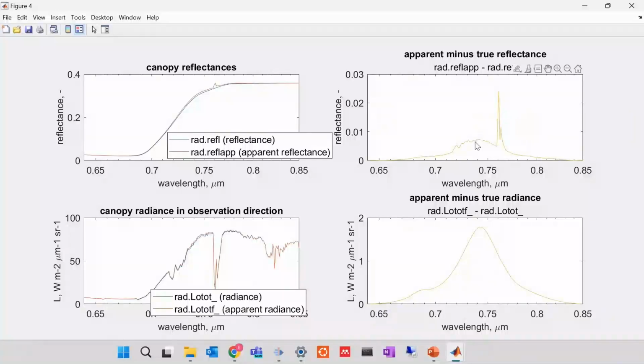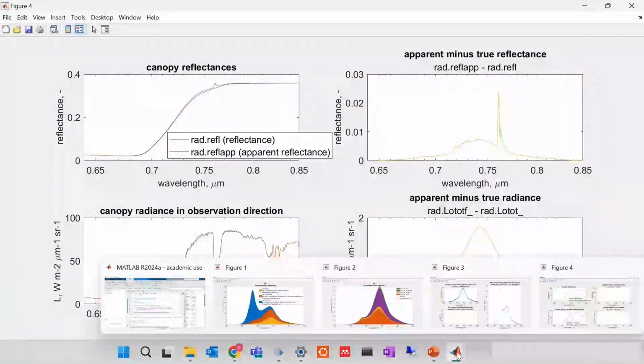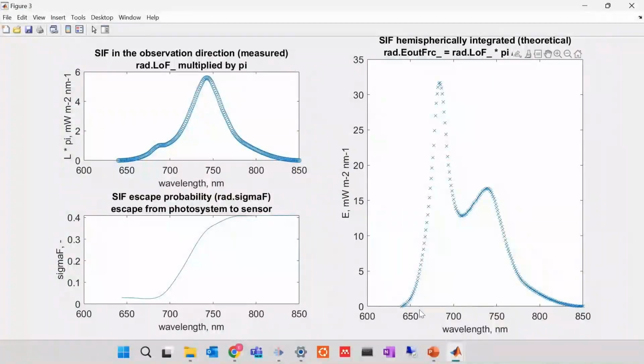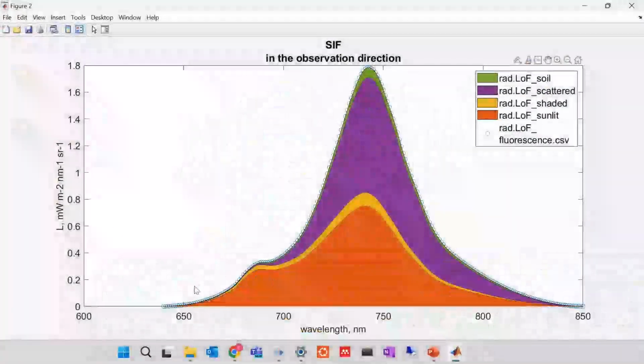Here is in percentages, so around 0.7%. And here it's in radiance, watts per square meter, per micrometer, per steradian. It's exactly the same shape as this one, just not multiplied by pi. It's exactly the same shape and values as this one.